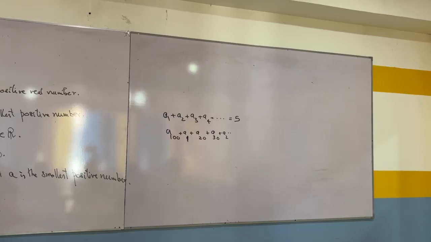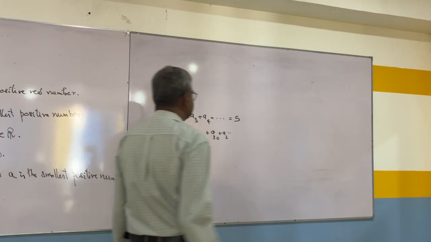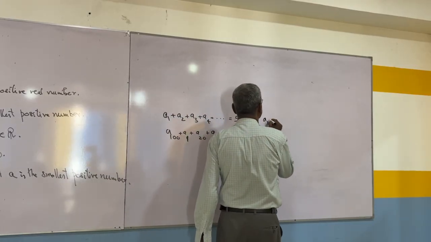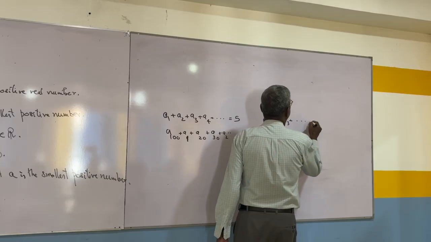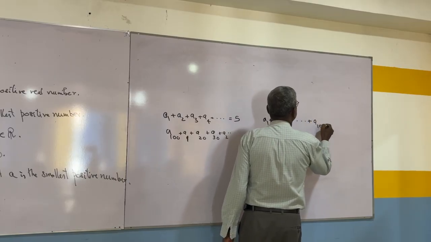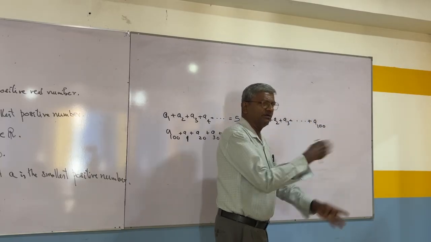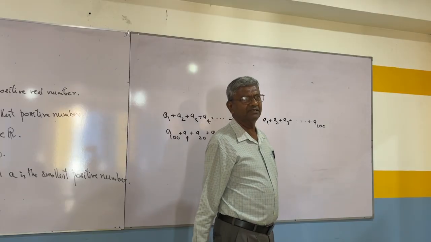For you, I am asking, if I rearrange, will I get the same number, or can it be infinity, negative infinity? Always 5? He was saying something important. He said that if you have 100 numbers, A1, A2, A3, plus and so on, up to 100, no matter how you shuffle this thing, the answer remains the same.